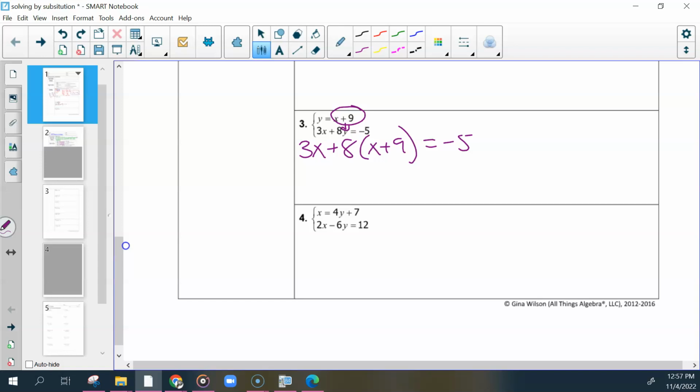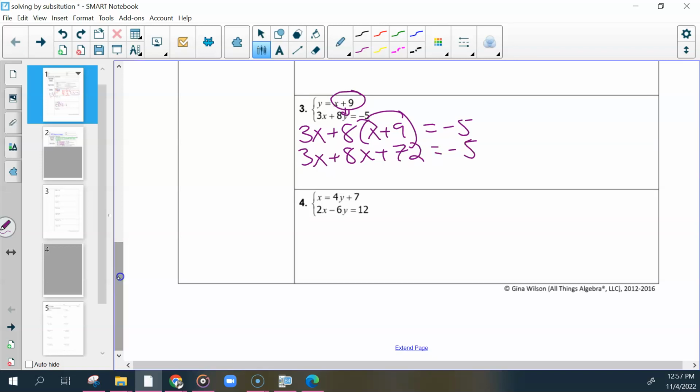From there, we're going to distribute and solve, or combine like terms and solve. So we would combine our like terms, and then solve for x.